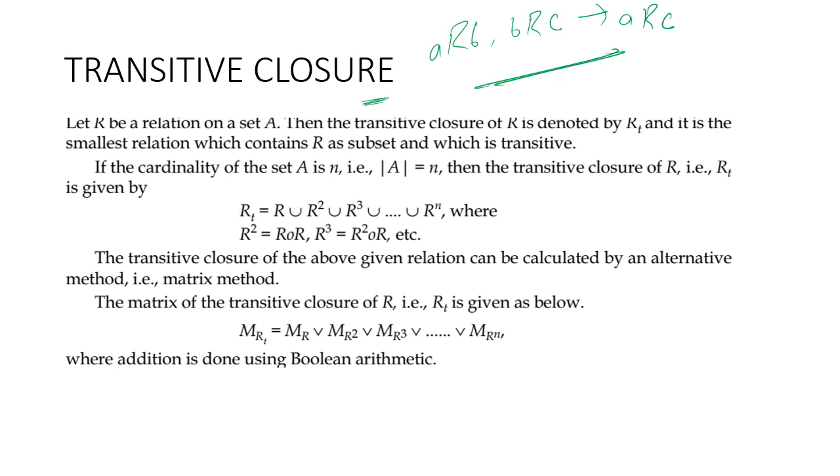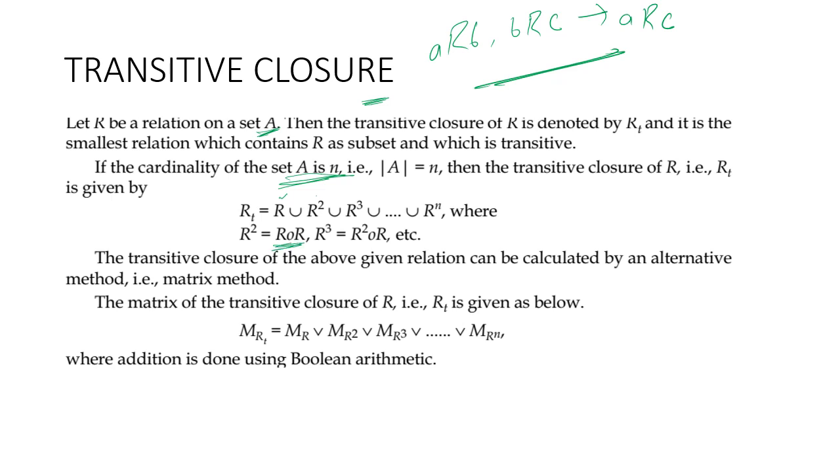Now, for the purpose of finding the transitive closure, say there is a set A on which a relation is being defined and the cardinality of the set A is n. Let us say A has n elements. Then you have the relation R, and you will have to find R square. What is R square?